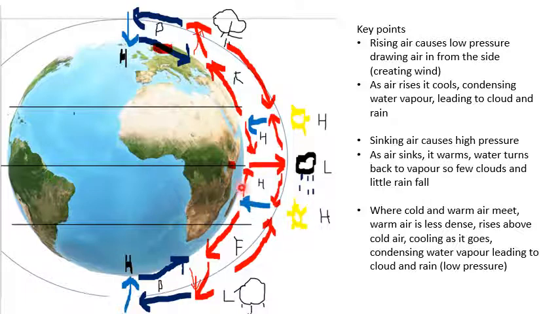We next then have the Ferrel cells, which go up towards higher latitudes where they then meet the colder air coming down from the poles. The warmer air is forced up over the cooler air, forcing the air to rise and cool, again leading to low pressure and rainfall in these areas.